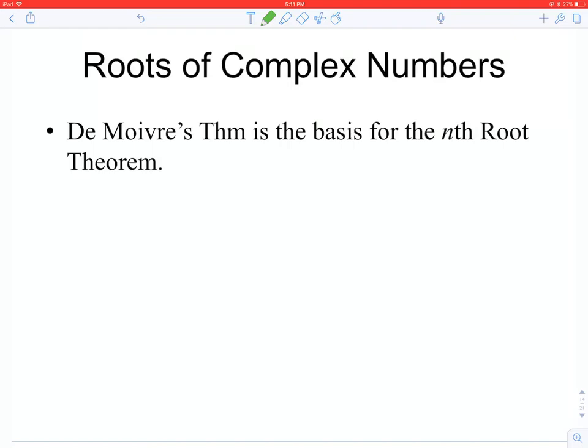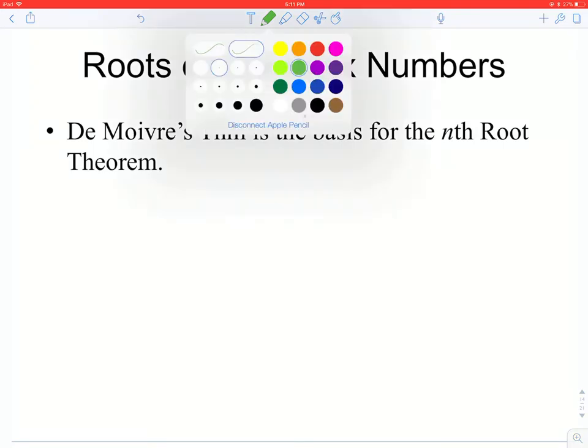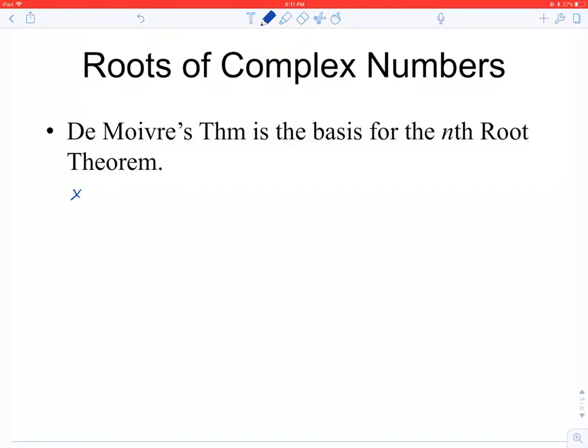Okay, so for finding the roots of complex numbers, I want to start by giving you guys the equation x cubed equals 1. Now looking at that, you will go, oh, x has to be equal to 1. But that's finding the solutions within the real number system.